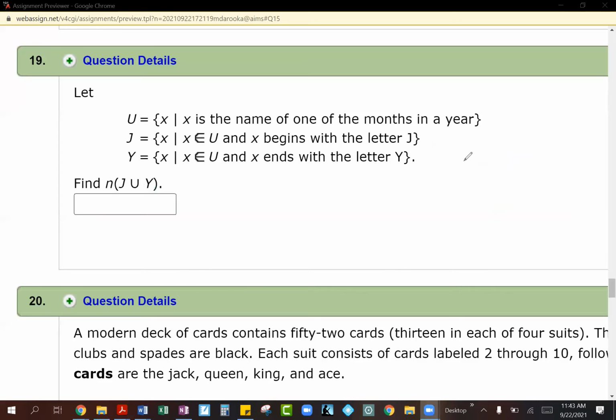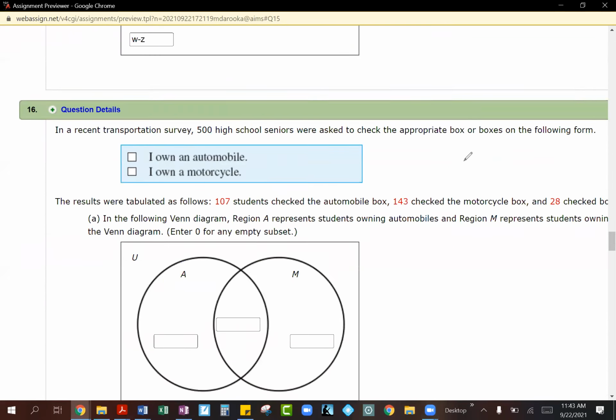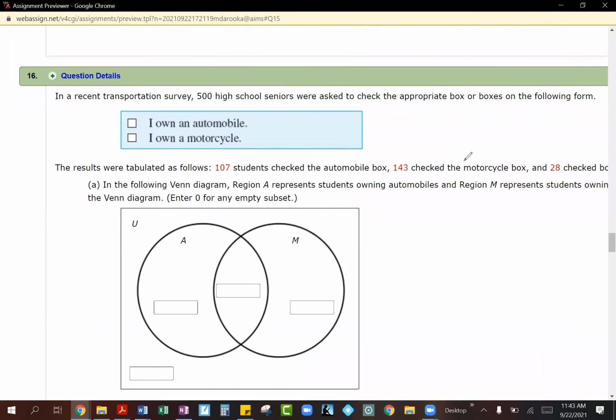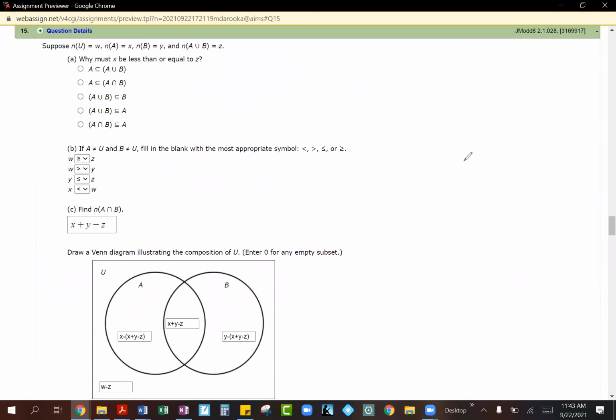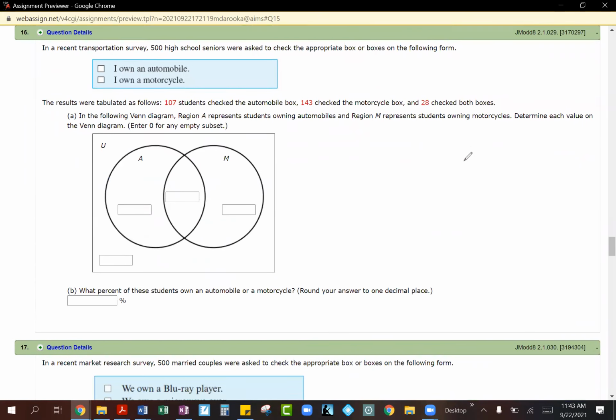So number 15 can take a little practice. But all of these other examples that follow give you numbers, and you will be doing a lot of the similar calculation that you did here, but now you're just working with numbers.